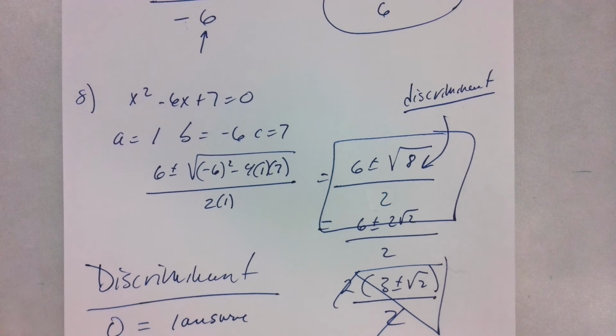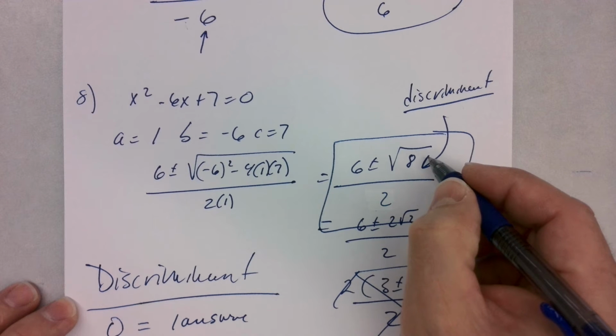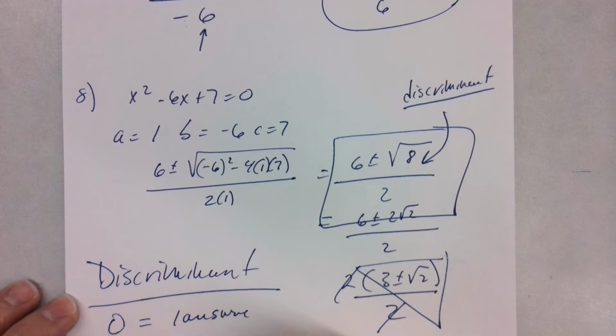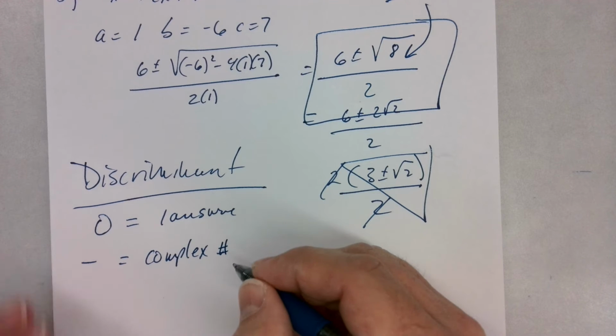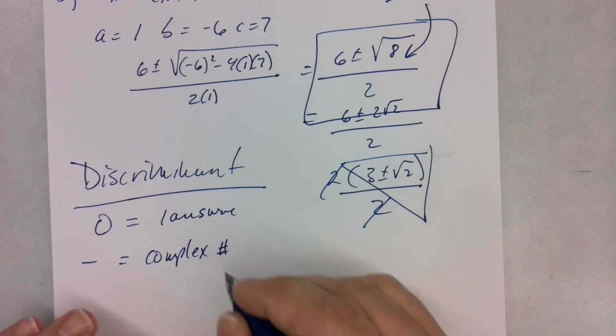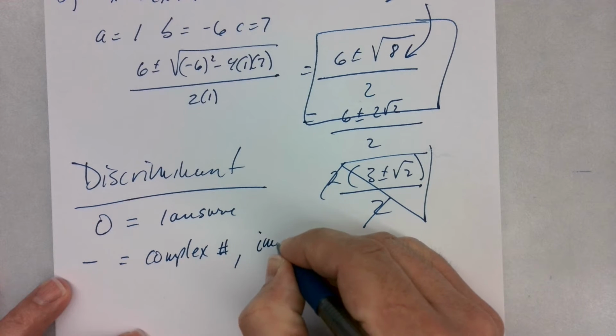Now, from there, you're going to get a negative discriminant. If I ever get a negative as a discriminant, what does that tell me about my answers? It's going to have an I. You can say it's a complex number, and a complex number is simply a number that contains an I. Or you could say it is imaginary.